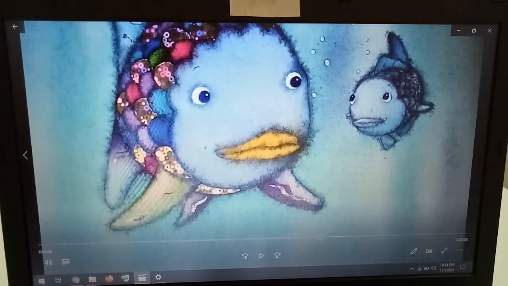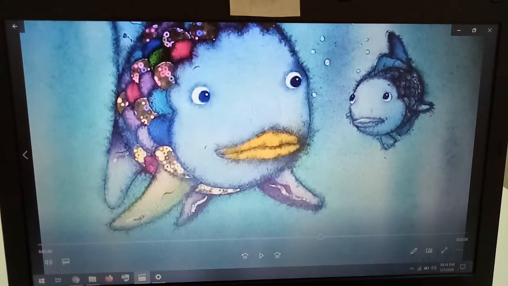So he doesn't want to make friends with the other fish, and he doesn't like to share because it's his scale, and if it is gone, he will not be the most beautiful fish in the ocean. That's why he's not giving. But what did the octopus say? That you have to share, because when you share, that will be the time that you will become happy.